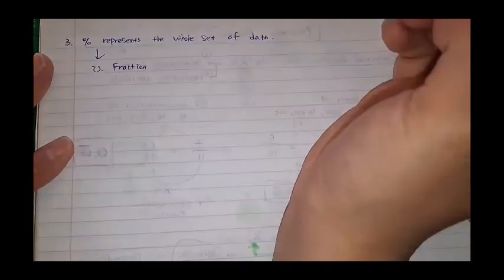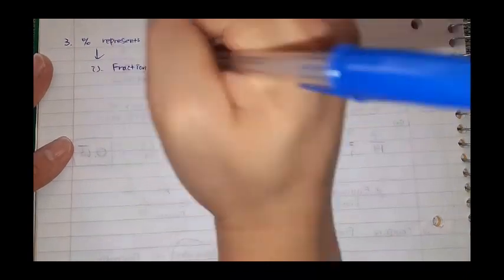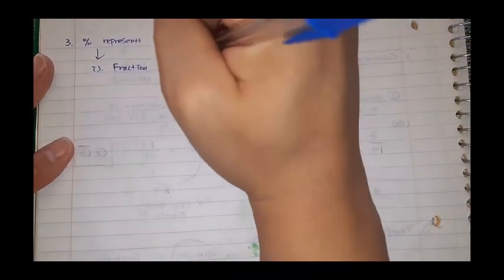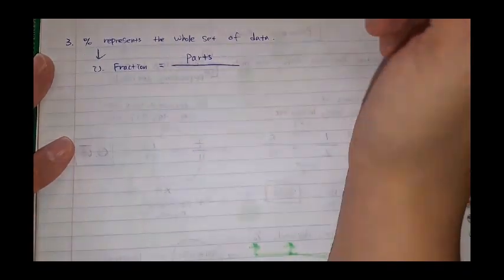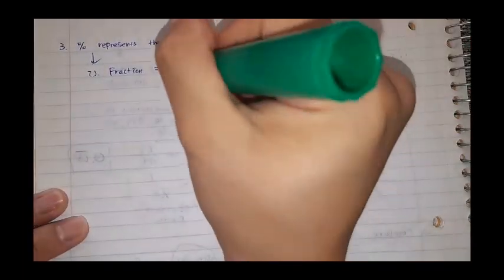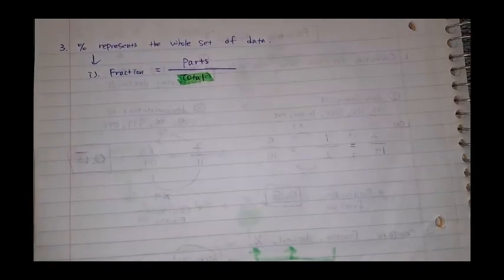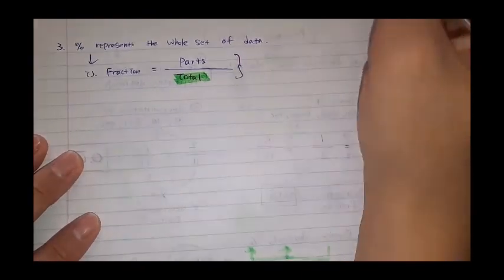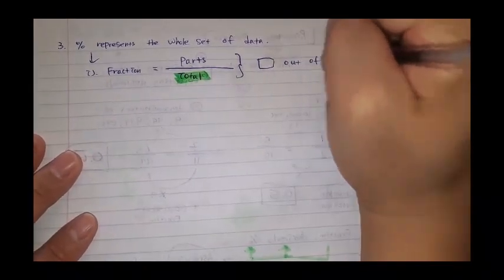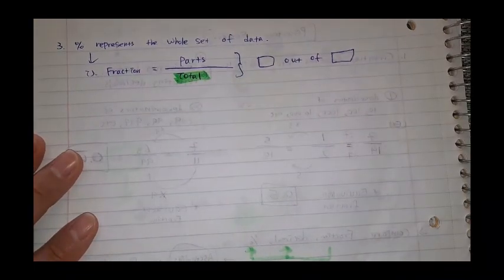And when you try to make it into a fraction first, you always need to understand that the top numerator is where the parts belong. And at the denominator, you always put the total number of the set. And sometimes this is indicated as a blank out of blank situation.